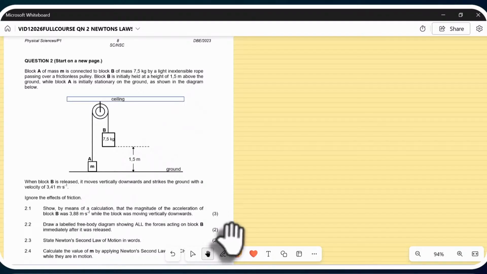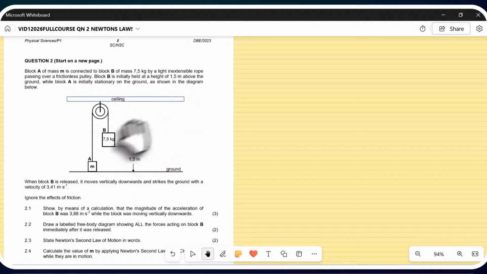I repeat one more time. Block A of mass M is connected to block B of mass 7.5 kg by a light inextensible rope passing over a frictionless pulley. Block B is initially held at a height of 1.5 meters above the ground, while block A is initially stationary on the ground, as shown in the diagram below.